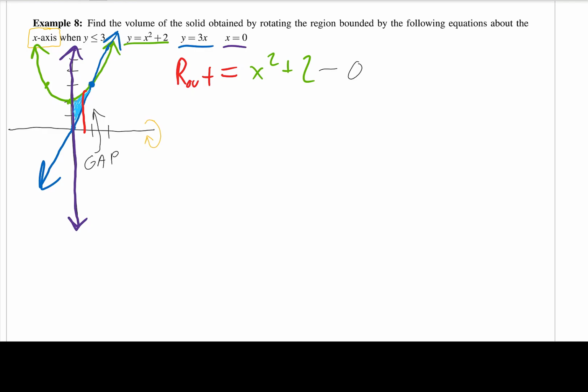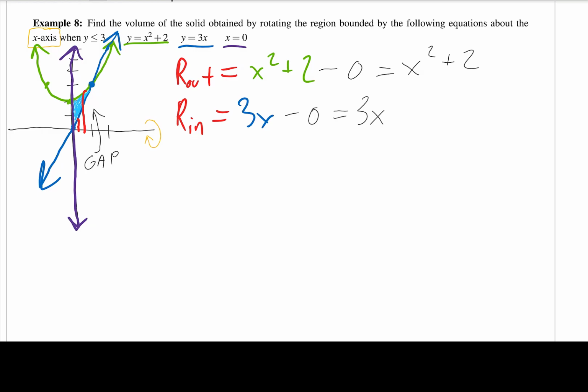And then R in is going to be equal to, let's see, R in would look something like this. So it's going to go from the blue line, which is 3x, minus 0. So this is just x squared plus 2, and this is just 3x.